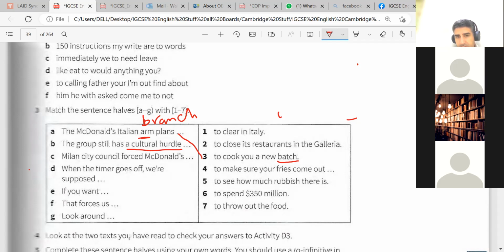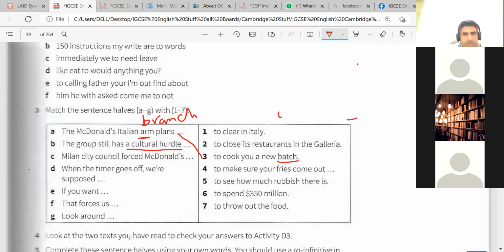Can you complete? What is cultural hurdle? To clear in Italy, to close its restaurants in the Galleria, or to make sure your fries come out, to see how much rubbish there is, to spend $350 million to throw out the food.